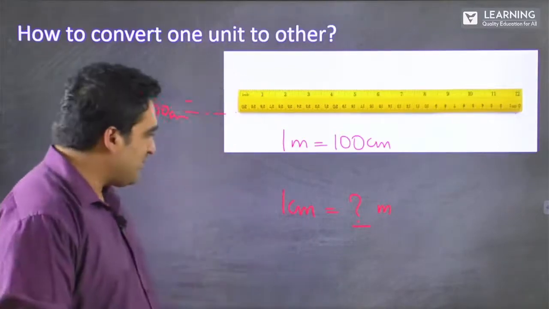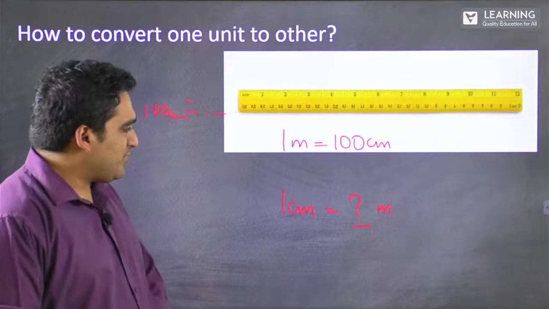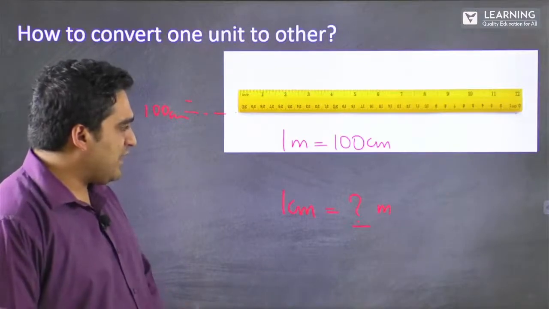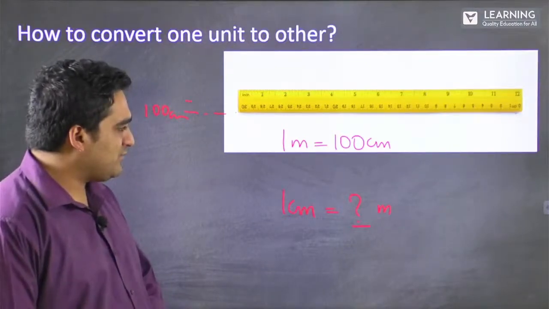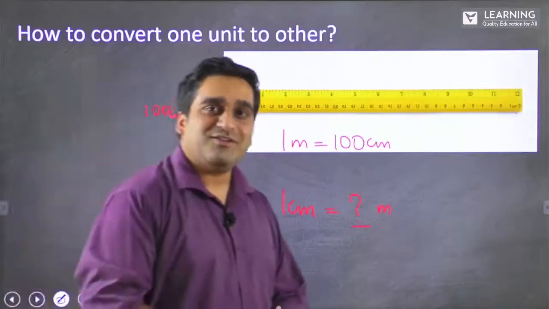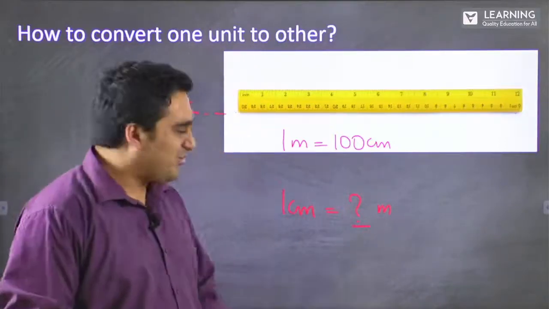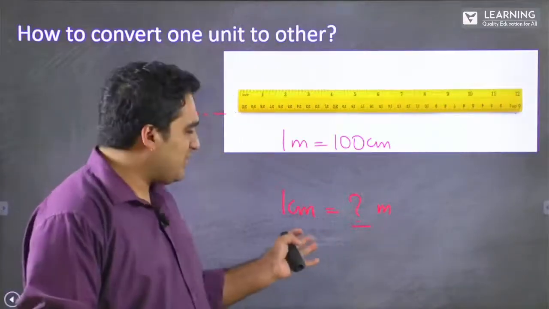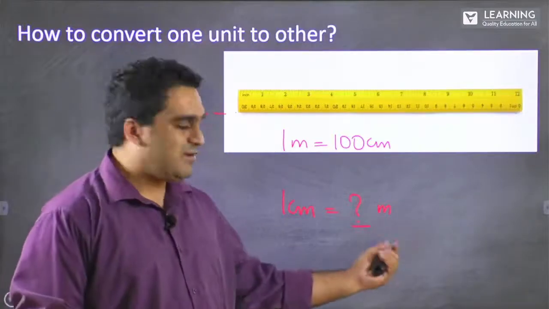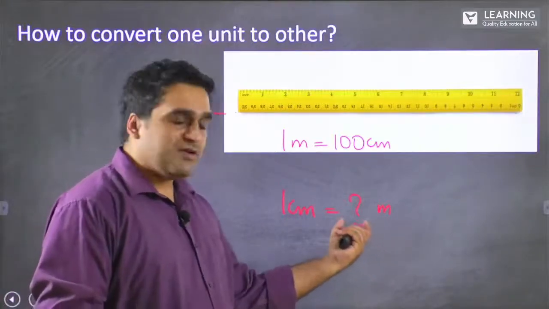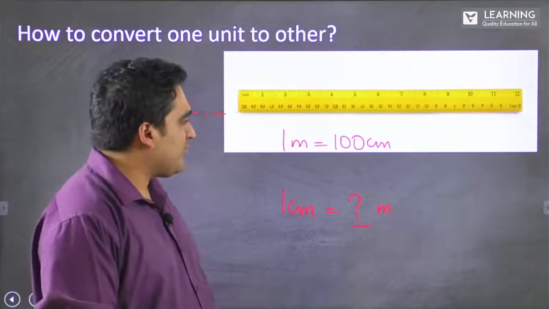So, do I leave this as your homework? Yes, this would be your homework. So, try to solve this problem. It's a very easy one. 1 centimeter is how much of a meter? So, give me that value.